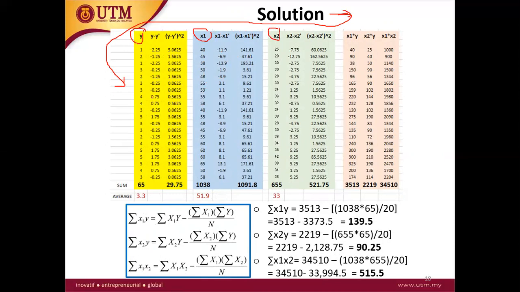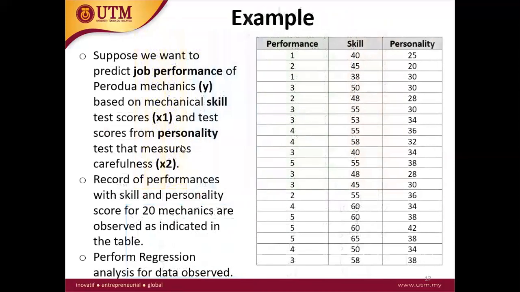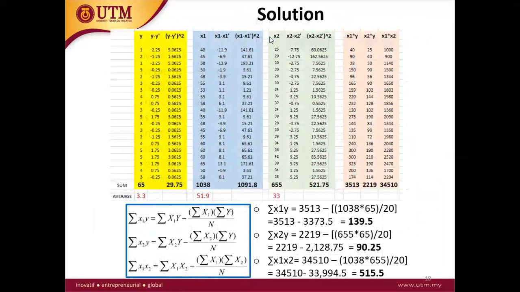So Y represents the performance, X1 represents the skill, and X2 represents the personality. So we need to use this formula.